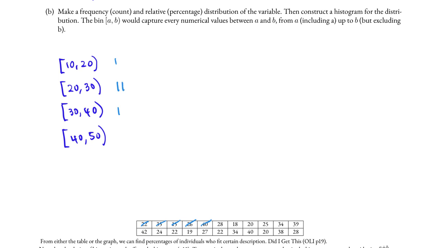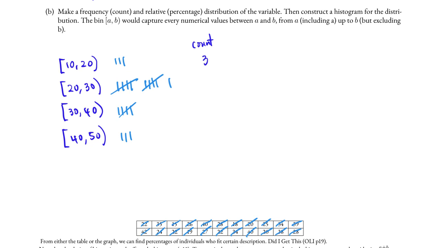What we're doing is that we tally this up. 28 would go there. 18 goes there. 20 falls into the second bin. 25, 34, 39, 42, 24, 22, 19, 27, 22, 34, 40, 20, 38, 28. And those are the tallies only. We keep track of them, but now we would have to count them.